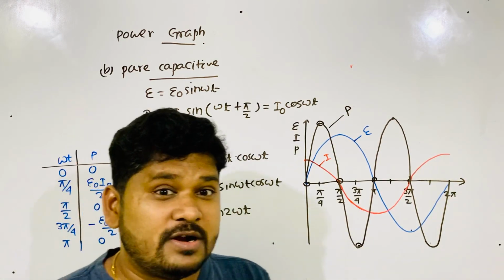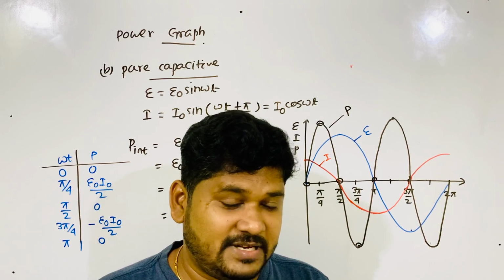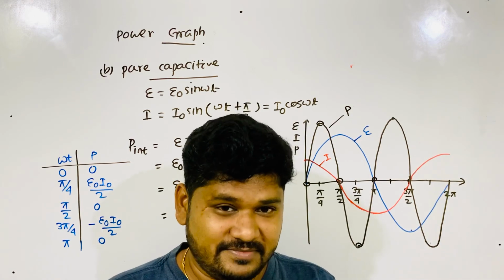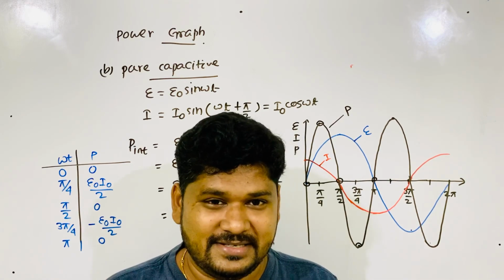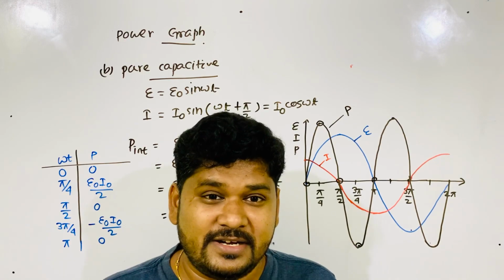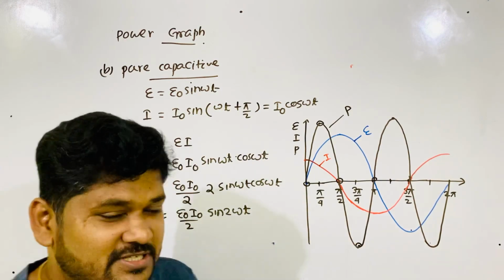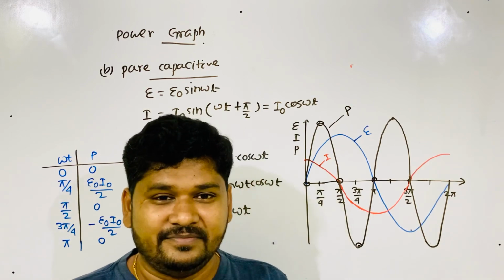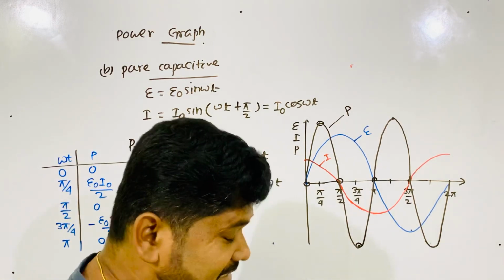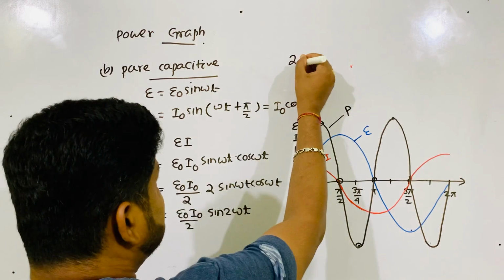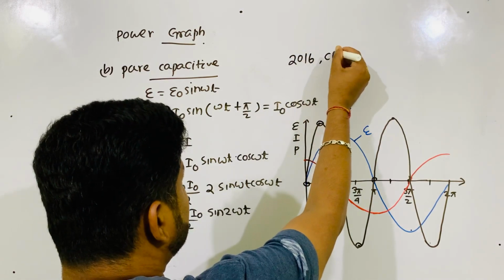But in the exam, what questions will come? Now, this is the big question coming to your mind. Sir, in the exam, how will this question come? You taught us, we understood this is right, we also draw the graph. It was a 2016 CBSE sample paper question.